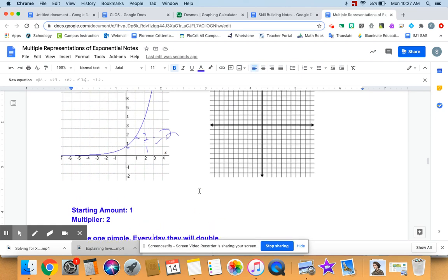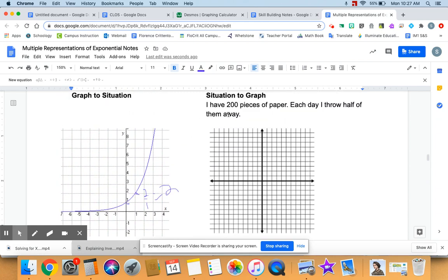All right. Then finally, if they give you a situation like 200 pieces of paper, where each day I throw half away. To start with 200, there's no way my tick marks on y can go by 1, my y-axis. So let's see. What if I go by 20s?